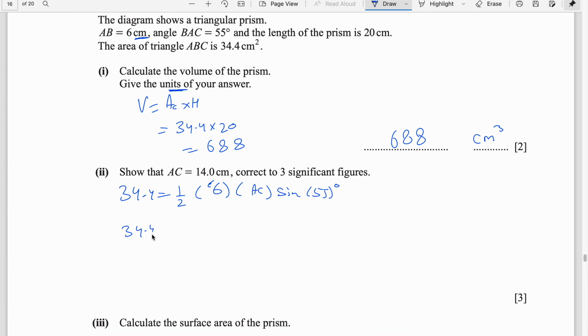So 34.4 times 2 divided by 6 times sine 55, making AC the subject. AC is equal to 13.998, approximately equal to 14.0 up to 3 significant figures.